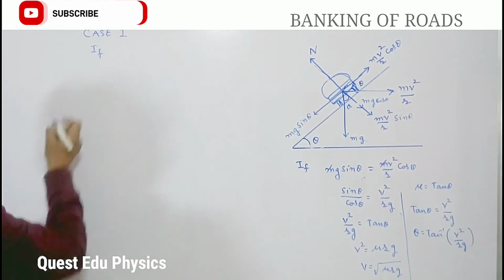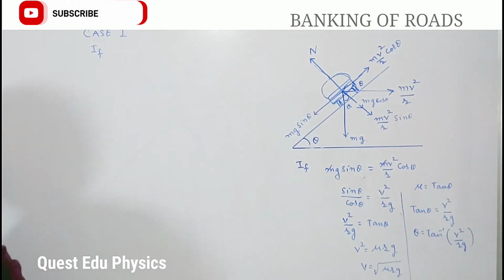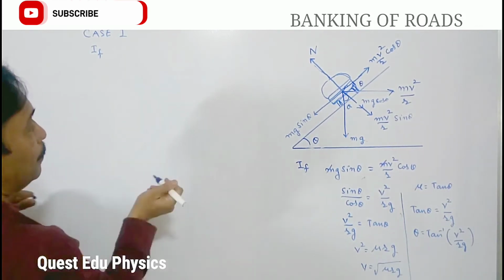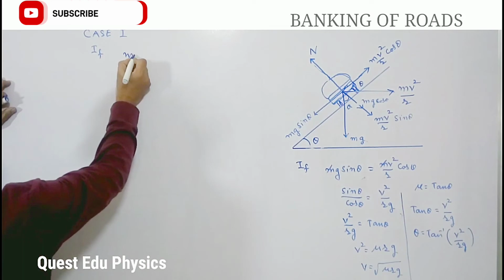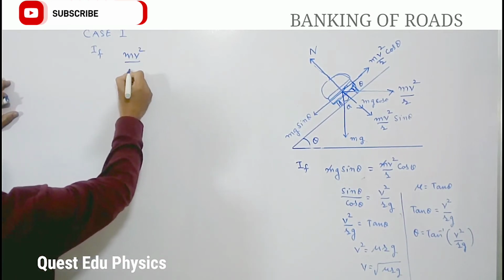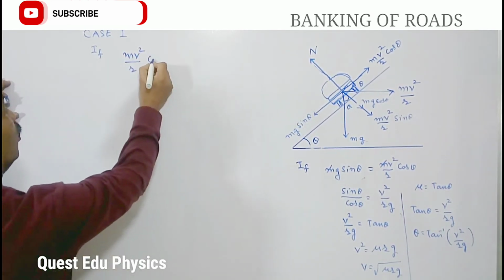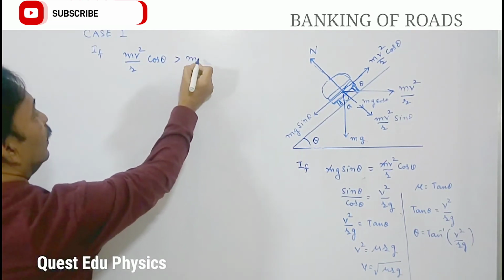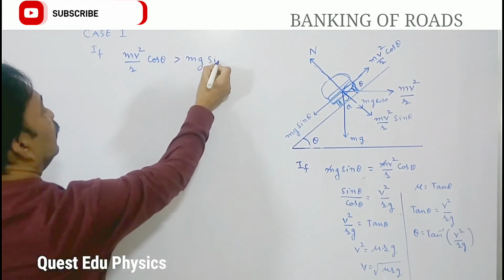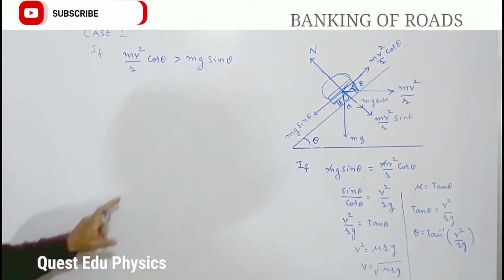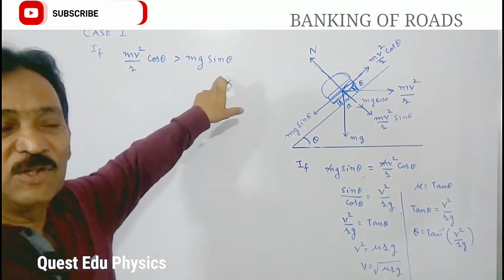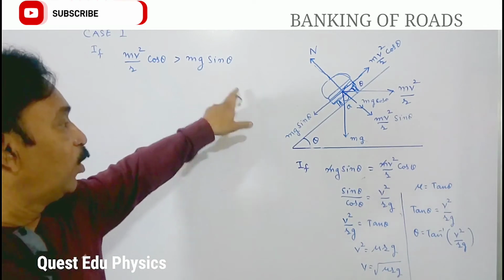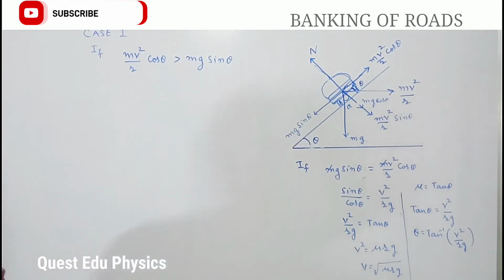If mv square by r cos theta is greater than mg sin theta. Okay students, the difference between the two will provide the safety of the vehicle.